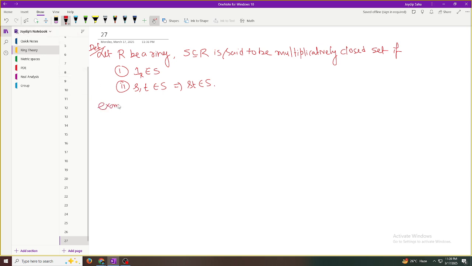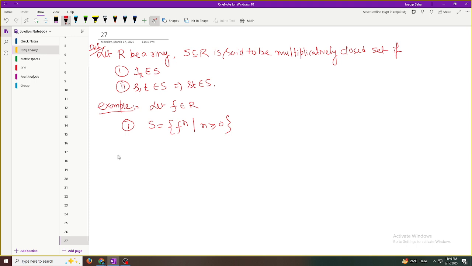Example, please give me an example. Let f belong to R. Take S equals {1, f, f squared, ...}, that means f to the power n such that n is greater than or equal to 0.